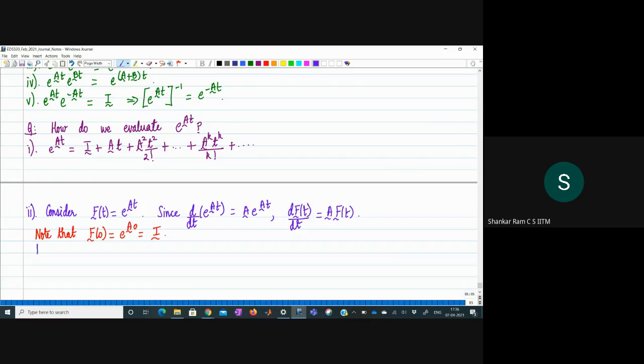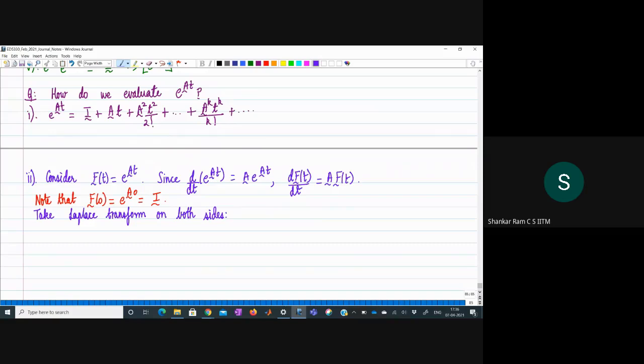So now let us take the Laplace transform on both sides of this equation, df/dt equals Af.